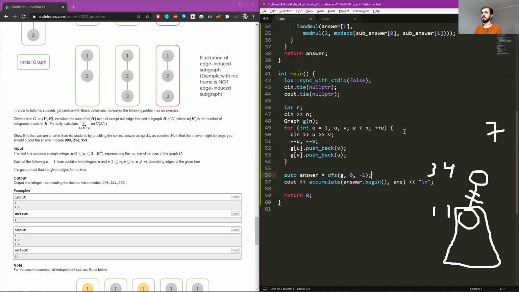Yeah, okay. I don't know how many states exactly there will be, so I'll just make a vector.